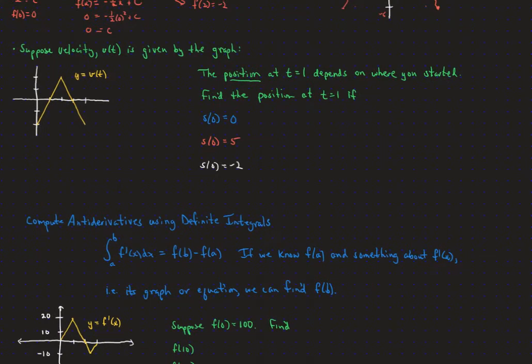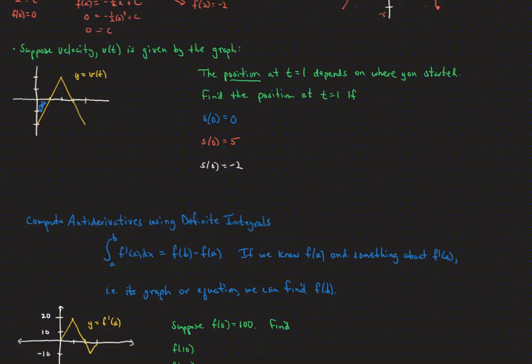So, suppose velocity v of t is given by this graph you see in yellow, a couple of straight line segments. The position at t equals 1 depends on where you start. So if we started at 1, then our change of position, that is the area under the curve from 0 to 1, is going to be this part right there.